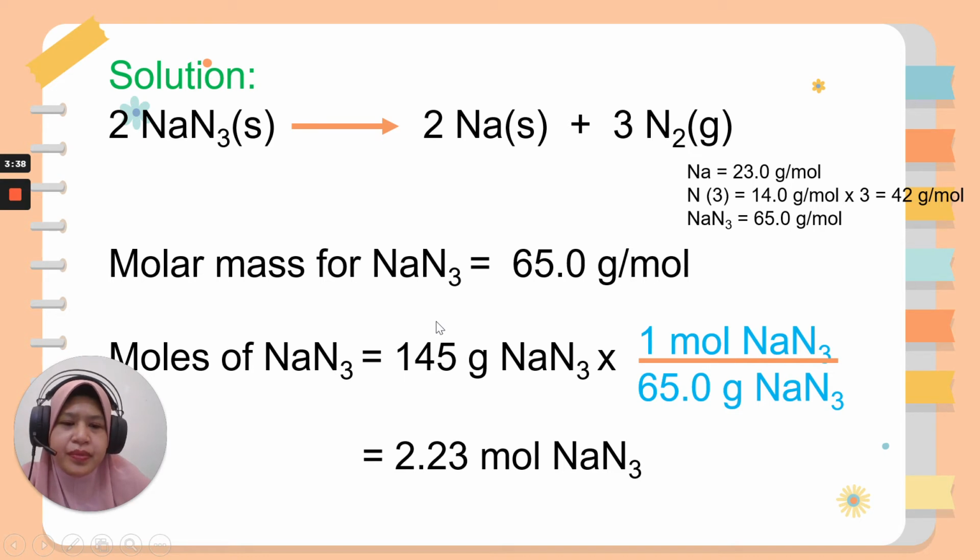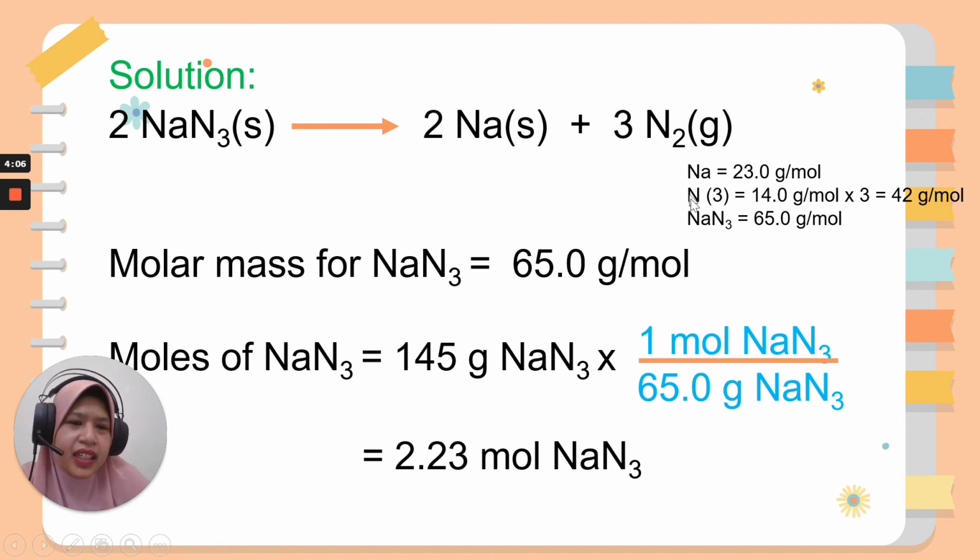So, we can use this formula to find the number of moles of sodium azide: the weight of the sodium azide times 1 mole of sodium azide divided by the molar mass of the sodium azide.